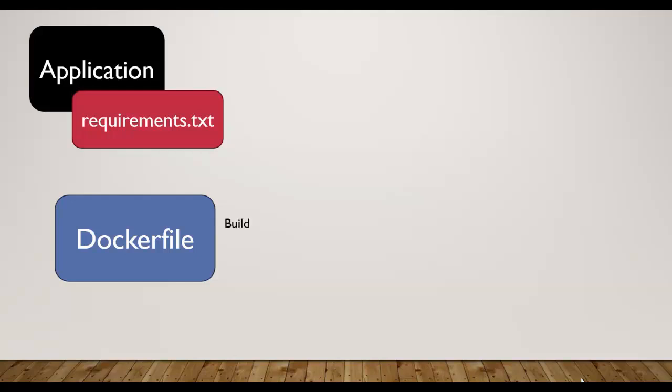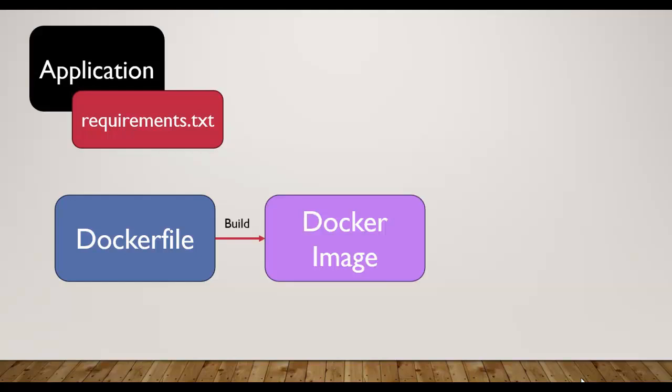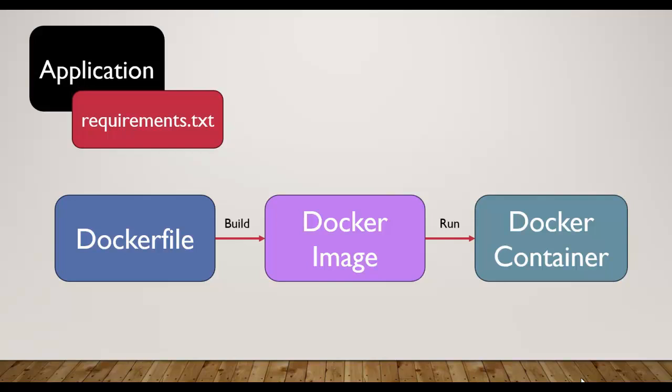When we build our Dockerfile, it creates a Docker image. When we run our Docker image, it forms a container. After that, we will deploy our Docker image to Docker Hub, so anyone can use it. So as we discussed, we have our FastAPI app, and the next step is to create our requirements.txt.